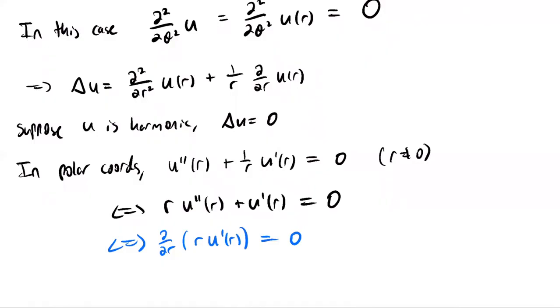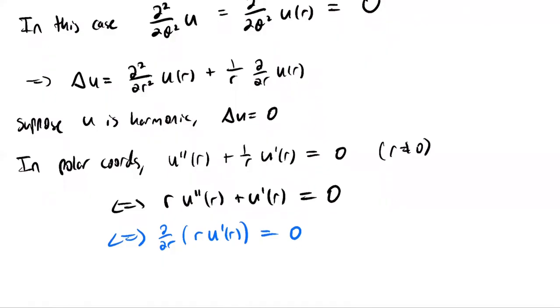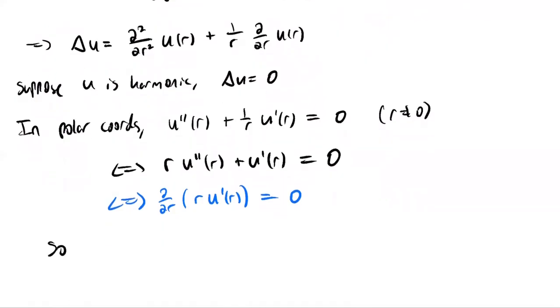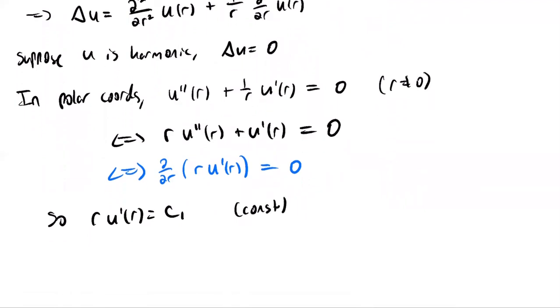Well, that means that the function in parentheses is constant with respect to r. So this says that r times u prime of r is some constant c1. So u prime of r is equal to c1 over r. r is always positive. And so this tells me that u of r is equal to, well, let's take the antiderivative.